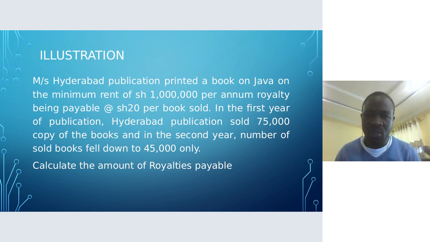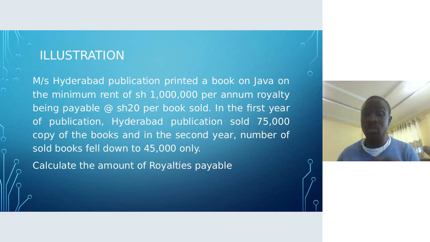So for every book that is sold, they are supposed to pay a royalty of 20 shillings. Now, in the first year of publication, Hyderabad publication sold 75,000 copies of the books. In the second year, the number of sold books fell to 5,000. Now calculate the amount of royalties paid.